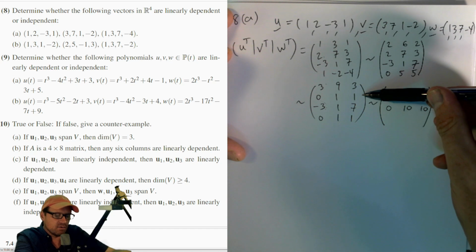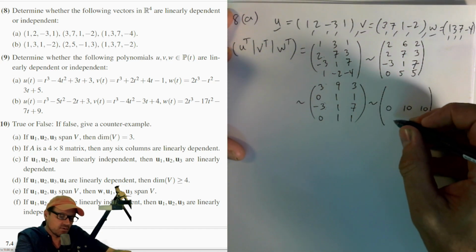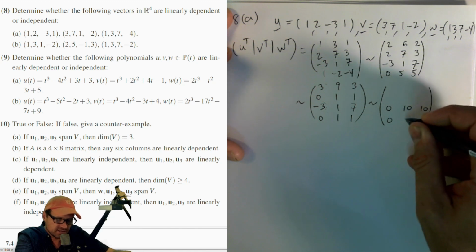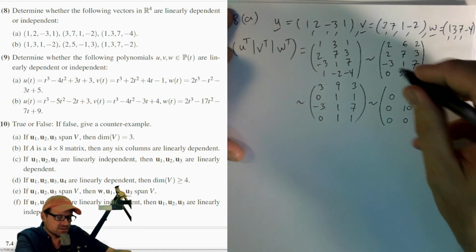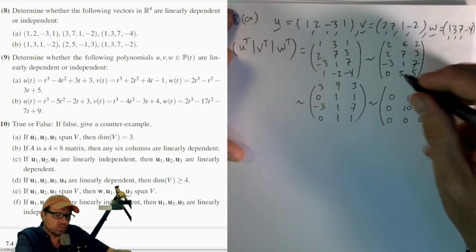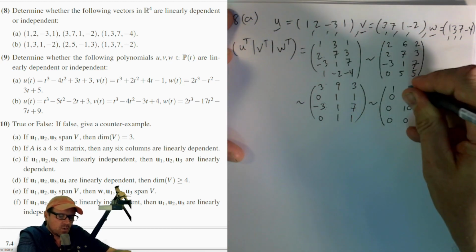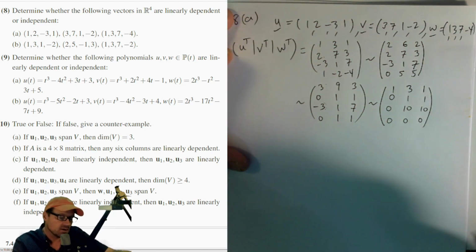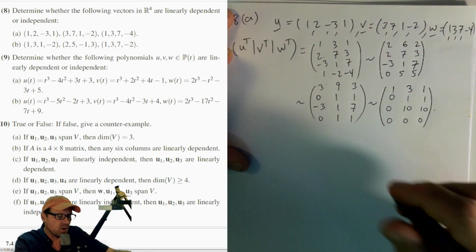Now you can see that row 2 and row 4 are the same, so let's replace row 4 with row 2 minus row 4. We have 0, 0, 0 for that, and 0, 1, 1 for row 2. Let's replace row 1 with 1/3 of row 1, returning it to the original row 1: 1, 3, 1. Now we can see that row 2 and row 3 are multiples of one another.